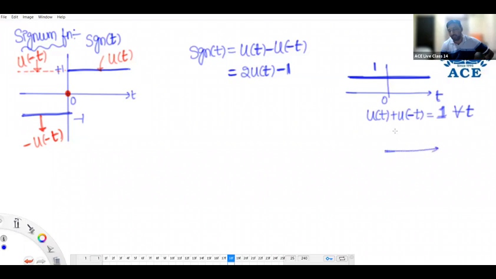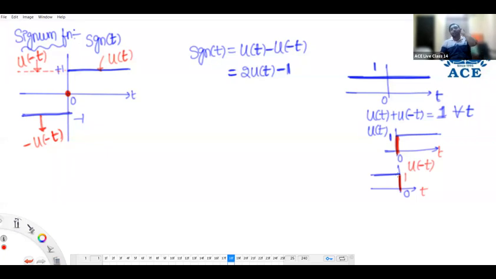If I take both the signals separately, if I draw ut and u minus t separately, at which instant are they facing the problem? Ut has discontinuity at origin. U minus t also has discontinuity at origin. Everyone recollect?